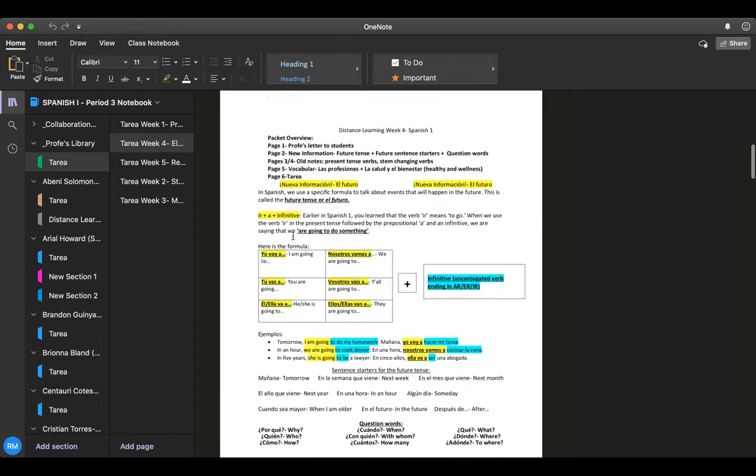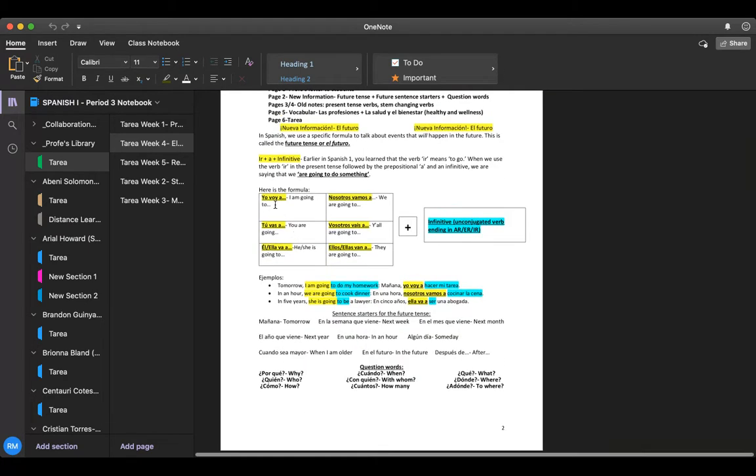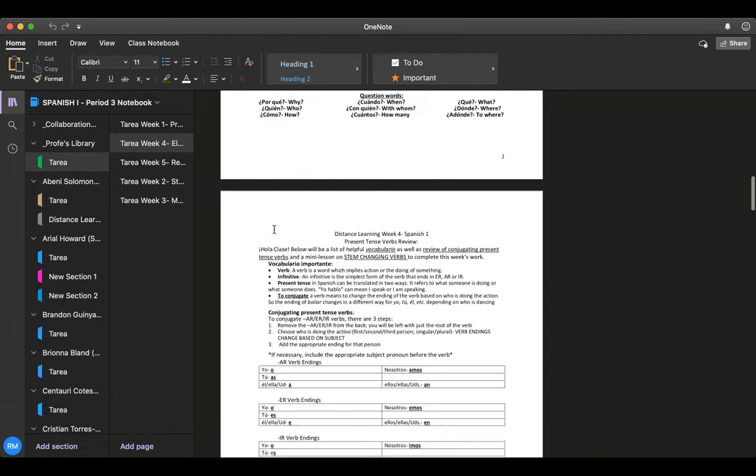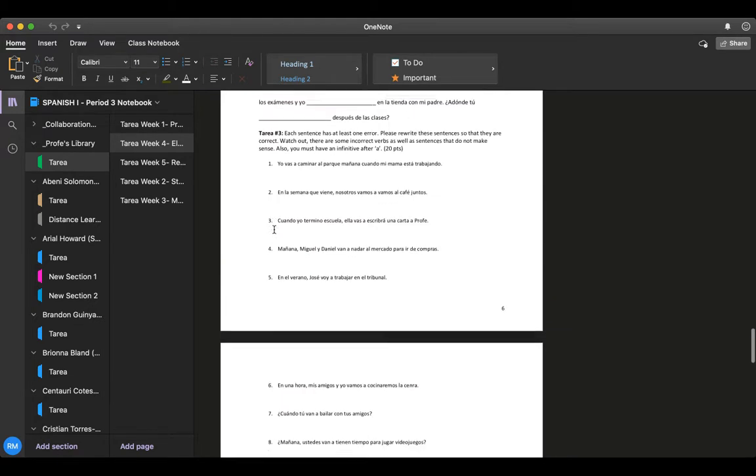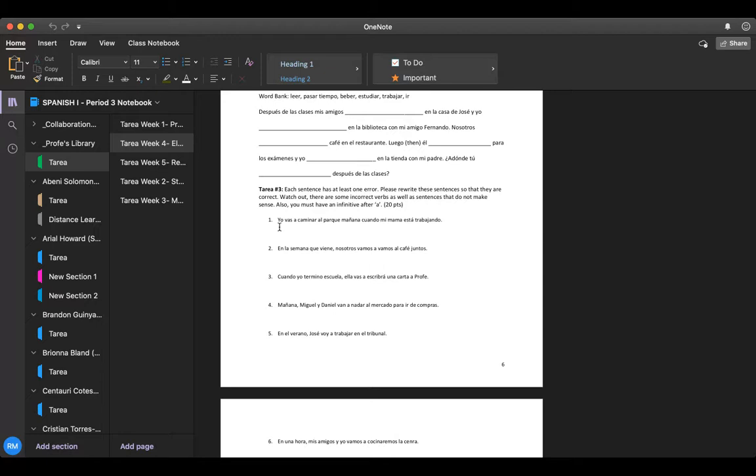We can scroll up to page 2 again. Yo goes along with voy. It does not go along with vas. So I need to change that to, I'm going to move it over here so y'all can see. I'm going to change that to yo voy a caminar al parque.